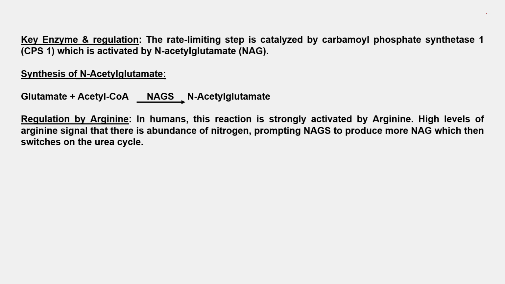This arginine promotes the formation of NAG, and further NAG switches on and regulates the CPS1 enzyme, which catalyzes the formation of carbamoyl phosphate, the first compound, by the fusion of carbon dioxide and ammonia. And subsequently, the urea cycle starts operating. So I hope this is very clear to you all.